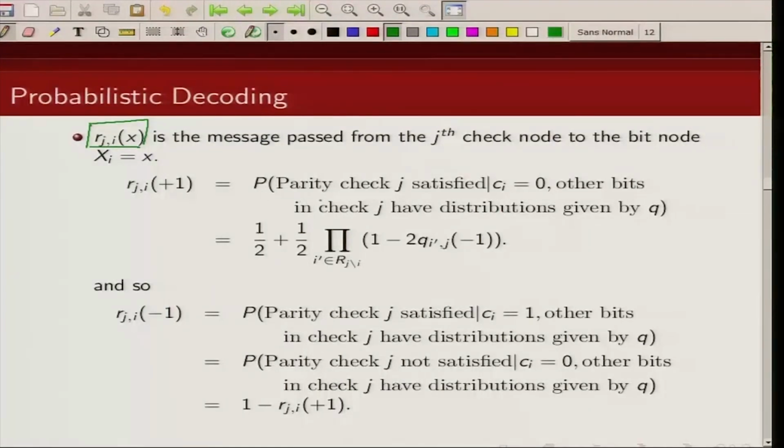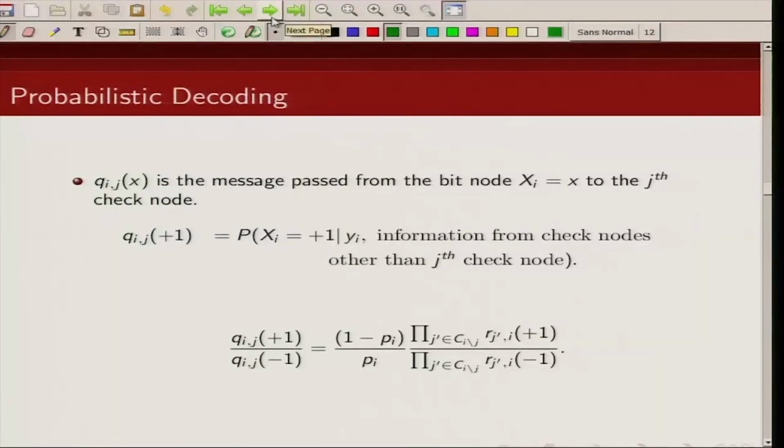So, this is the probability that the jth check node is satisfied given Ci is 0, and other bits are given by the distribution given by this Q. Now, what is this Q distribution? We will come to that. So, there are two types of messages.